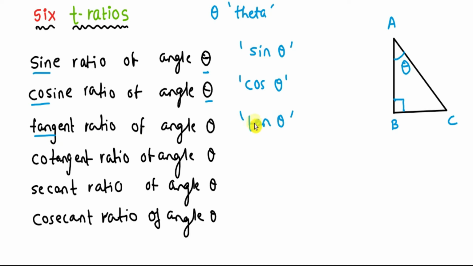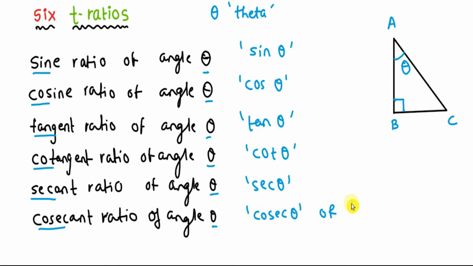So the ratio is tangent and the angle is theta. Cotangent ratio of angle theta is written as cot theta, and for reference angle theta, secant is sec theta and cosec theta for cosecant ratio. Either we can write cosec theta or we can also write CSC theta in short. So we never write them in full forms, we write them in short forms.